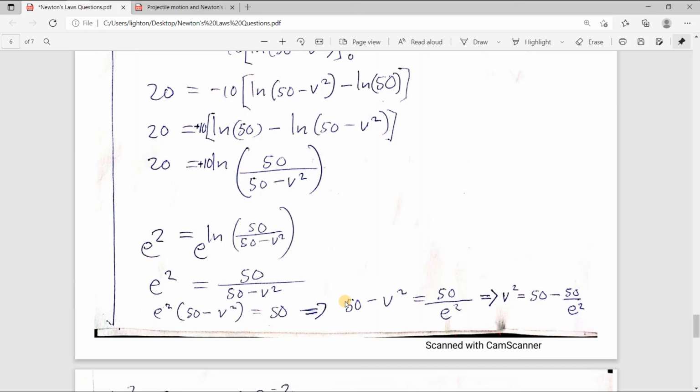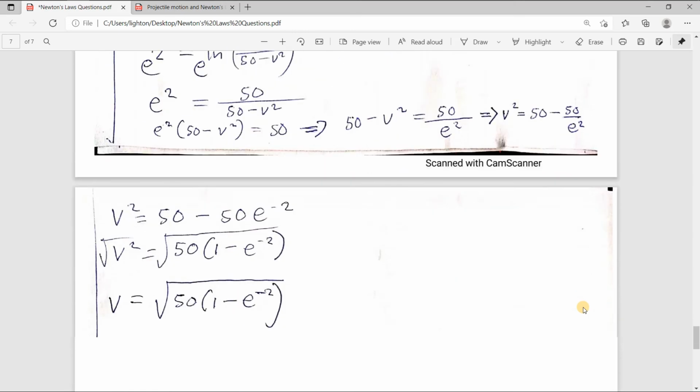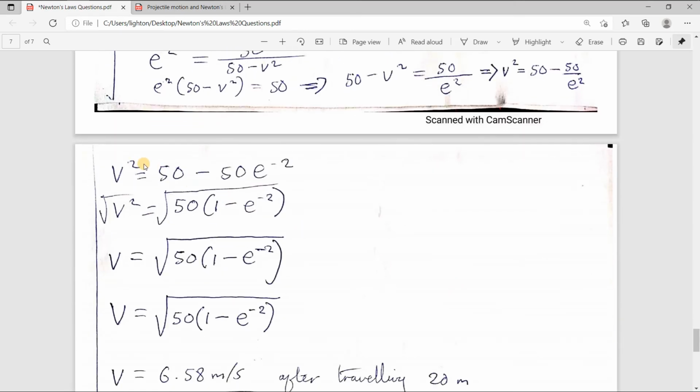As it is shown here, we get that expression v squared equals 50 minus 50 over exponential 2, which will get this here. Since exponential 2 is in the denominator, if we want it to be in line with this 50, we can add a negative to it like that, a negative power 2, which doesn't change anything.